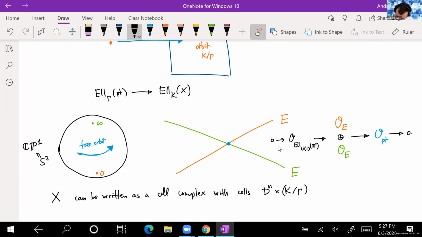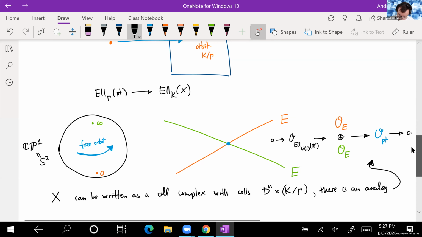So in this sense, my elliptic homology is built out of pieces corresponding to a cell decomposition. Here, the cell decomposition being a free orbit cross D1, and then two cells of the form trivial point. And so there's an analog of this kind of thing.